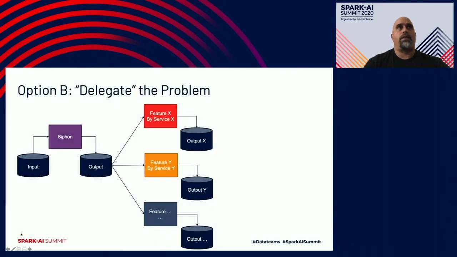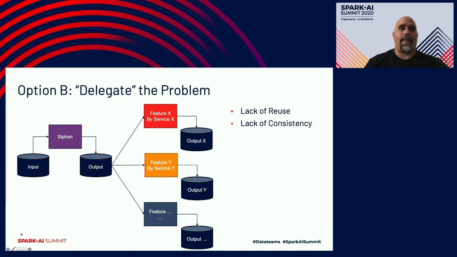Therefore, we moved on to also look at option B, which is more of passing the buck, right? So rather than having a single pipeline, we break up to have multiple pipelines, leaving this initial Siphon pipeline untouched. However, this leads to a lack of reuse. All those cross-cutting concerns that we had with Siphon now need to be duplicated in each one of these services.